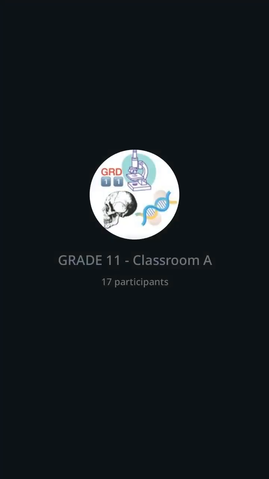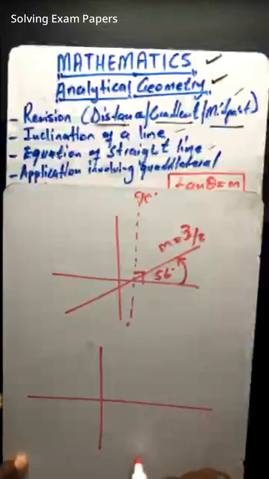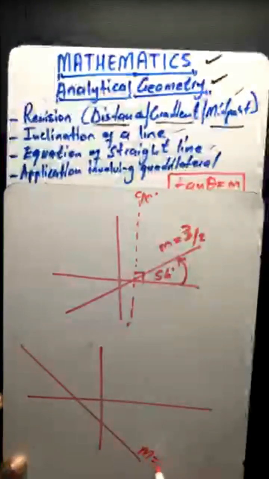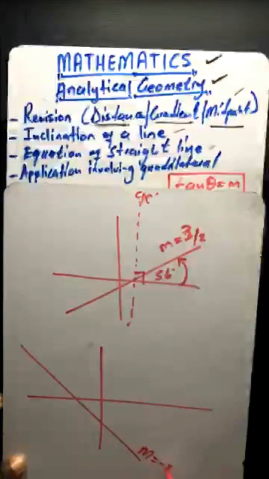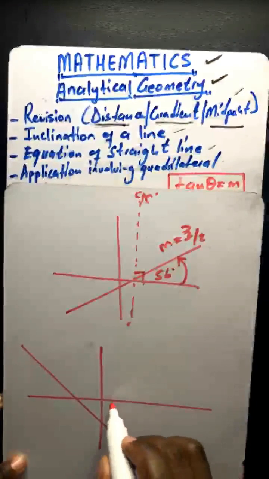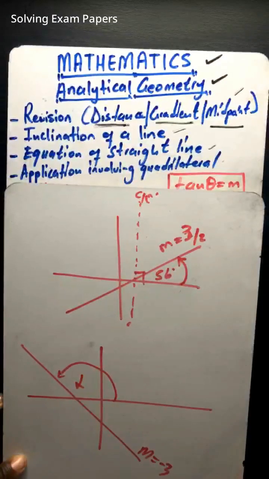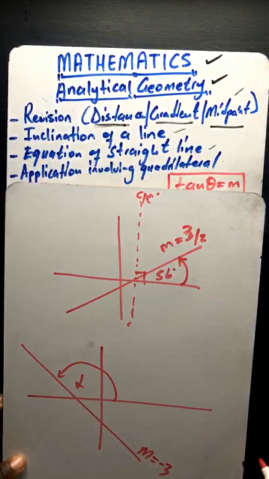But let's have a look at situation number 2, where you've got that line. Let's say this line has a gradient of, let's say, -3. So that means the angle of inclination is actually, let's say, alpha being that one. But remember, because the gradient is negative, we are going to expect a negative angle.